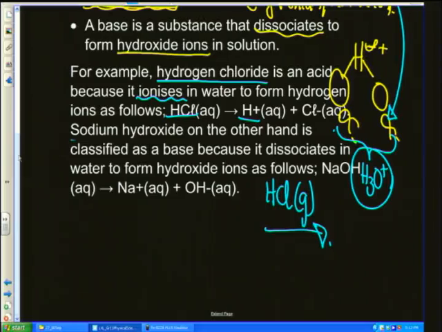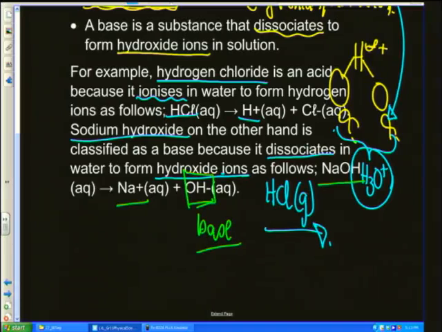On the other hand, sodium hydroxide is classified as a base because it dissociates in solution or in water to form hydroxide ions, as follows. There is the sodium hydroxide base next to the hydronium ion there. It dissociates to give you the sodium ion and the hydroxide ion. And that hydroxide ion is what makes it a base.